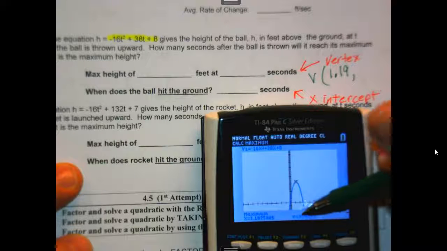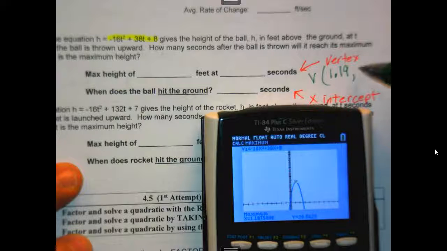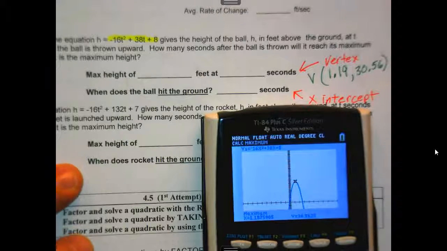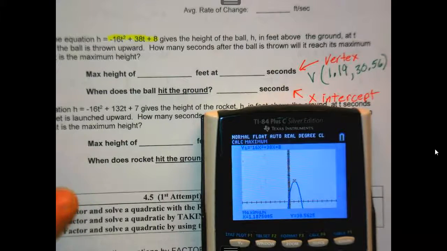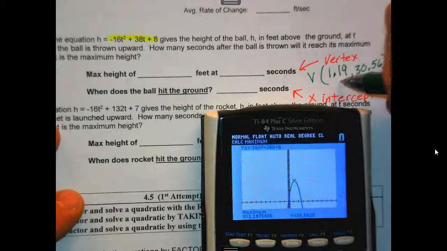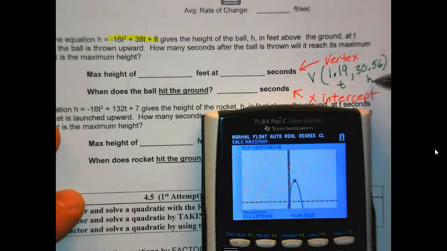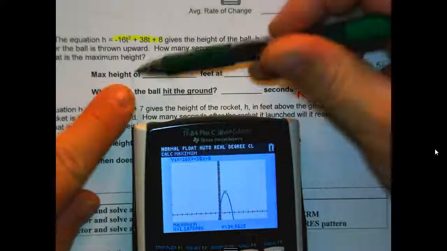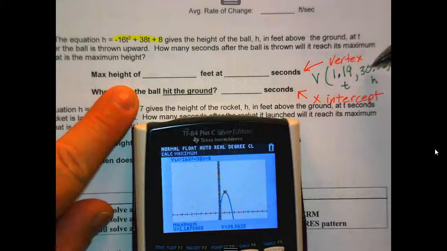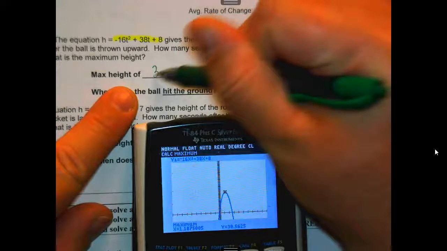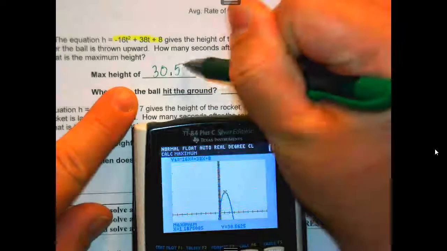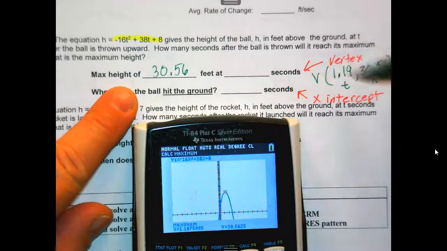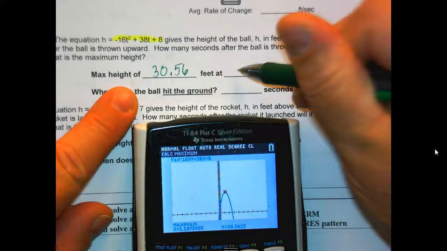And my Y value is 30.56. Okay, there's my vertex. Now remember, this is my X or my T, this is my height or Y. So it's asking what's my maximum height? Well, that's your Y, 30.56 feet at how many seconds? 1.19 seconds.